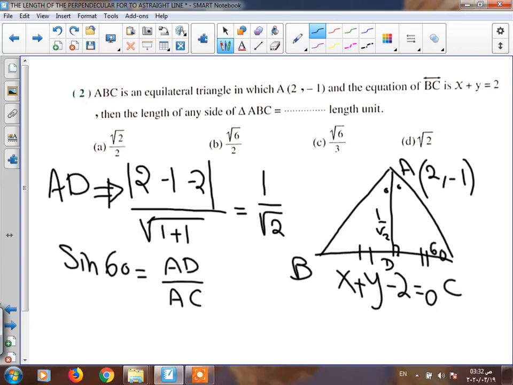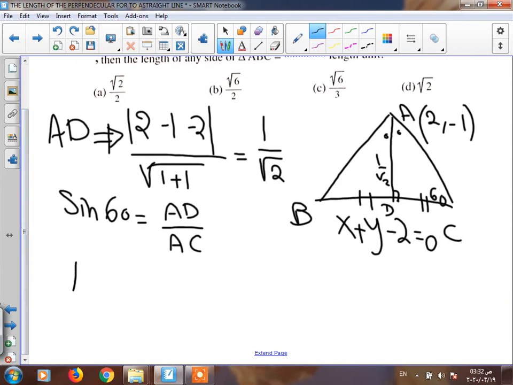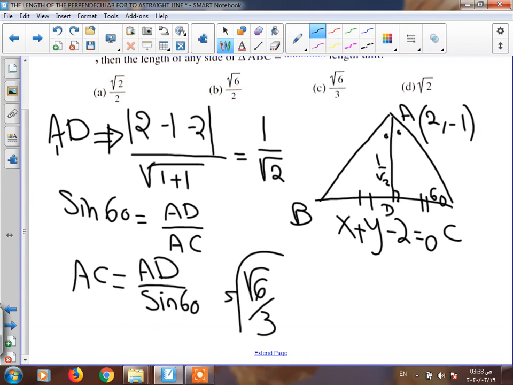We can solve this for AC, which is the side of our triangle, so AC will be AD over sine 60. So we can get that AC equals root 6 over 3. So this is our result.